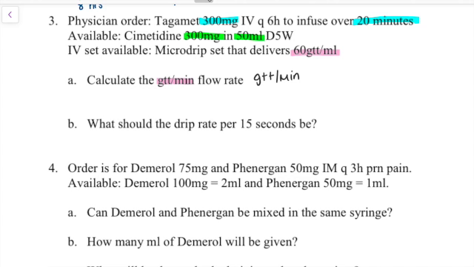So our order is 300 milligrams over 20 minutes. We have available 300 milligrams in 50 mLs.